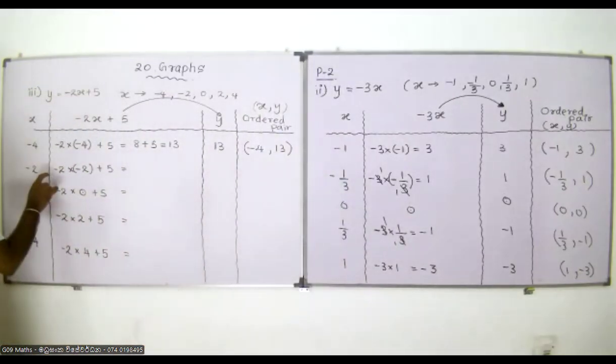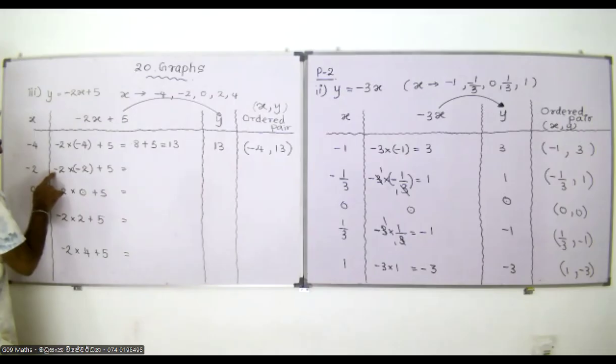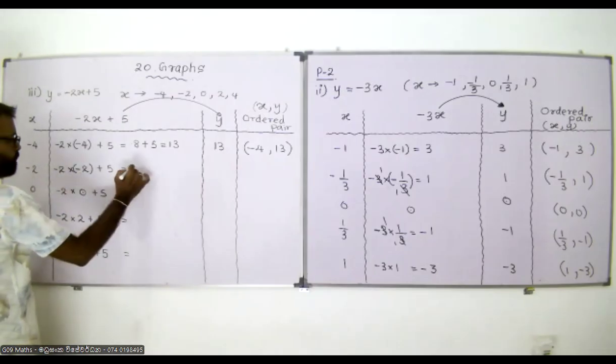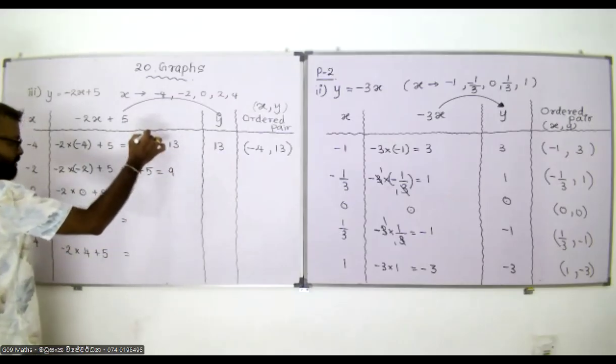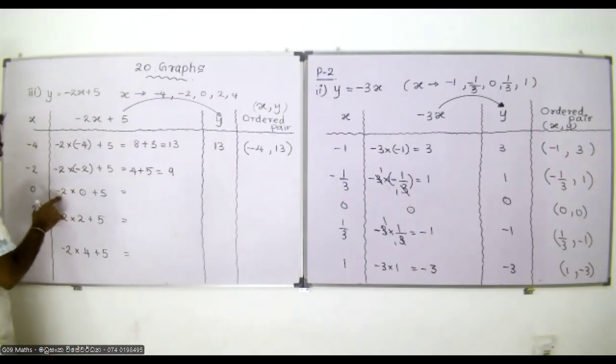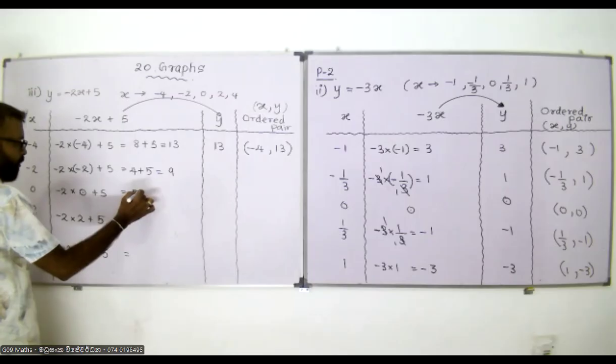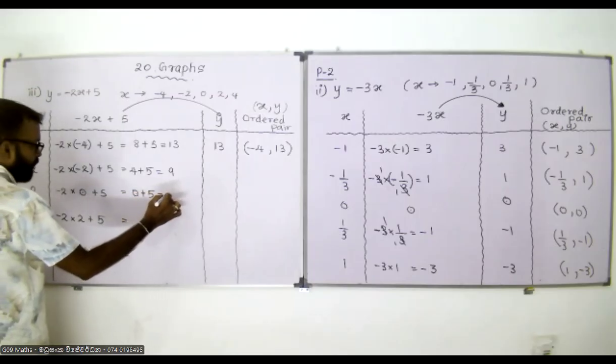Check the answer. Negative into negative, positive. 2 times 2, 4. 4 plus 5, 9. I will finish this column. Anything multiplied by 0, 0, plus 5, that means 5.